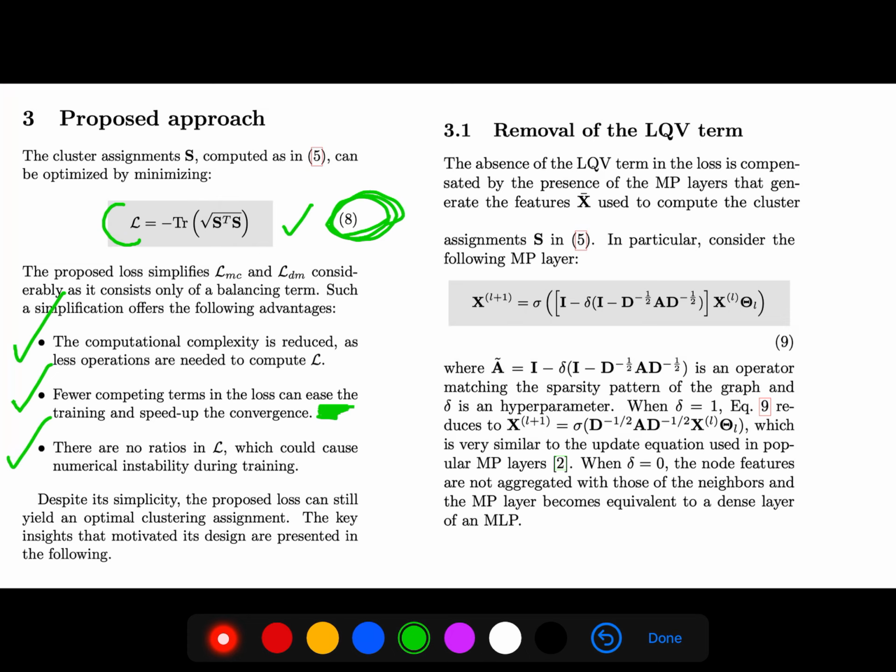Despite its simplicity, the proposed loss can still yield an optimal clustering assignment. The key insights that motivated its design are presented in the following. The absence of the LQV term in the loss is compensated by the presence of message passing layers that generate the features used to compute the cluster assignments. So the following message passing layer can be used.